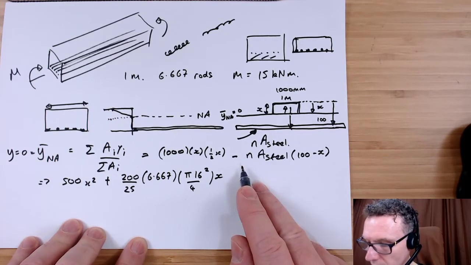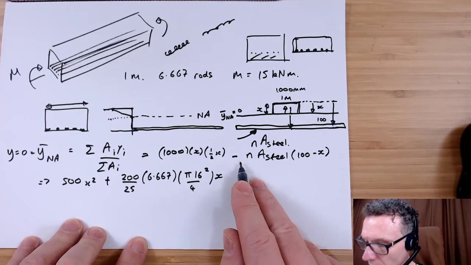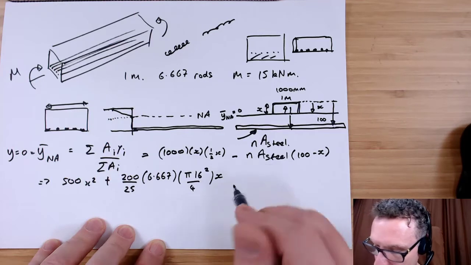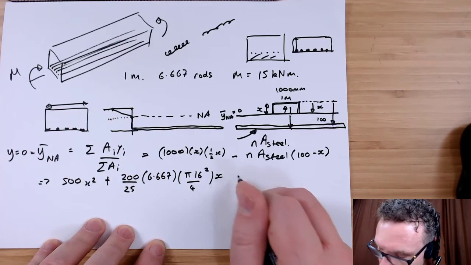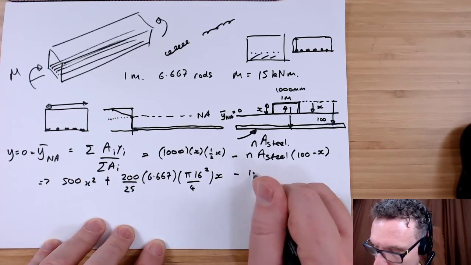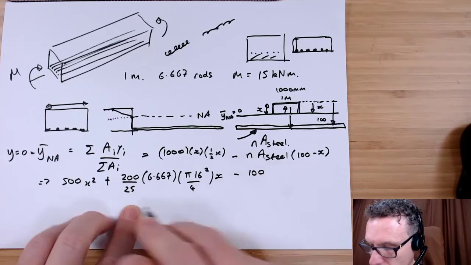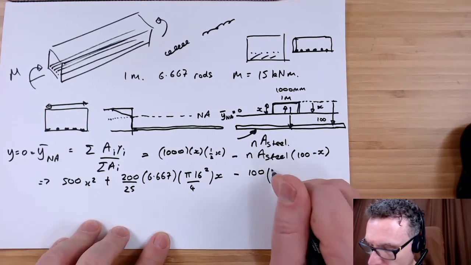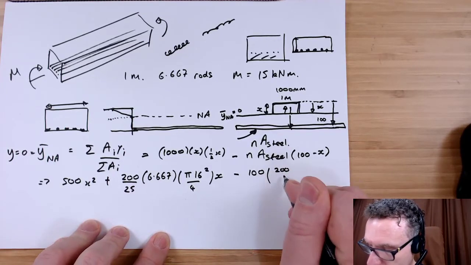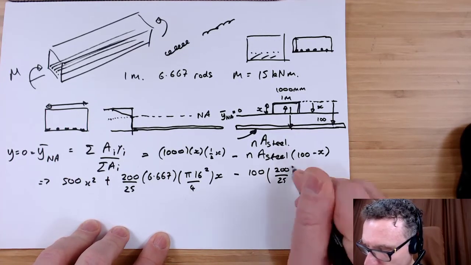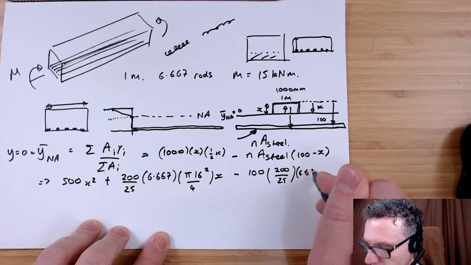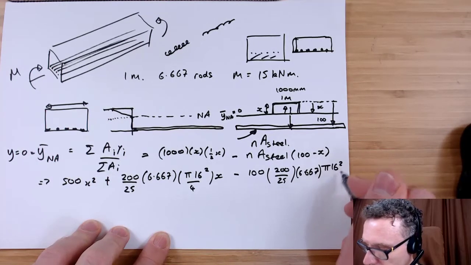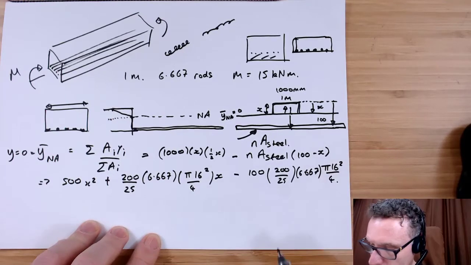And then I've got this times that, so that's straightforward, so that's going to be minus 100, same thing, 200 divided by 25, 6.667 pi 16 squared divided by 4.